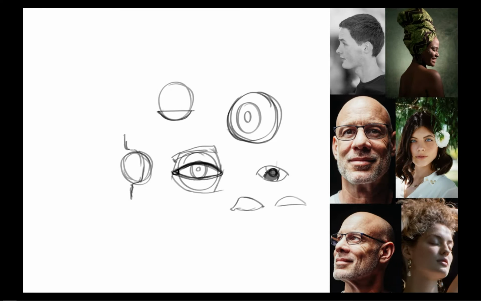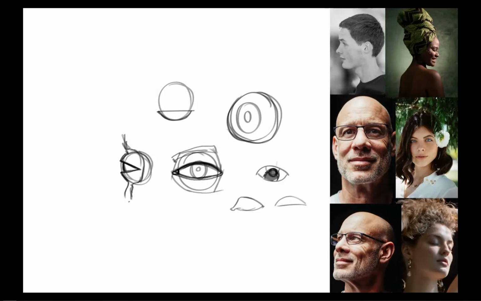The socket comes down, comes out, and moves back down, and then you have the eyelid, which sticks out from the eye, then comes down and moves across the cheek. That will give you the thickness of the eye.